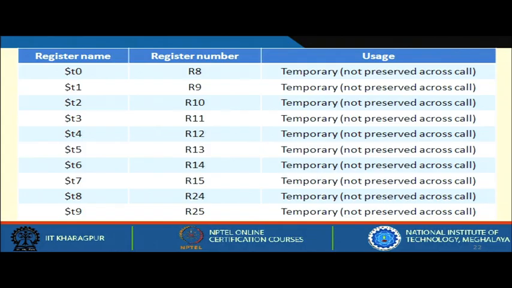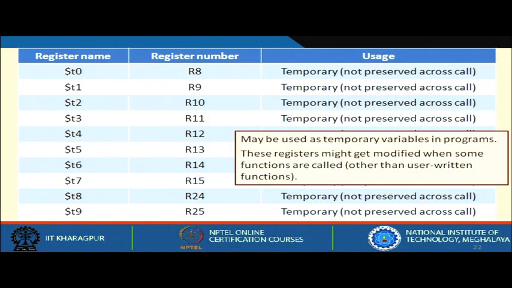These are temporary registers T0 to T9, and these are not preserved across calls. So, it might happen that when you are using this register for some purpose, it can also be used for another. So, it is not preserved across the call.